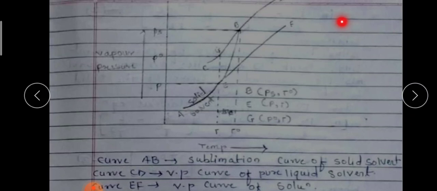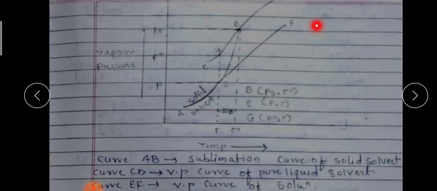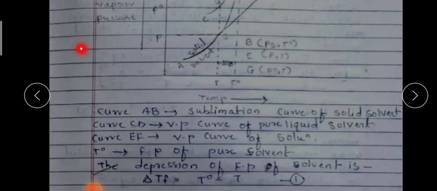Curve AB is the sublimation curve of the solid solvent. Curve CD is the vapor pressure curve of the pure liquid solvent. Curve EF is the vapor pressure curve of the solution. CD and EF are both the vapor pressure curves of the respective components, and AB is the sublimation curve.